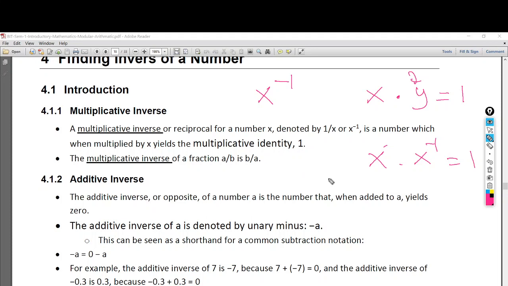So you can see why we say the inverse of 5 is 1 over 5, because when you multiply them, you get 1. Therefore, the inverse of a number is a number that, when multiplied by that number, gives 1. We call that second number the multiplicative inverse, and 1 is called the multiplicative identity.